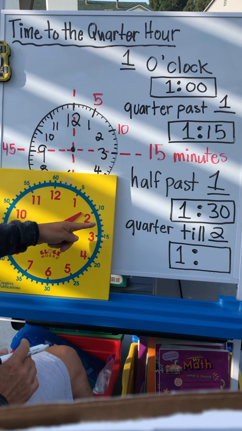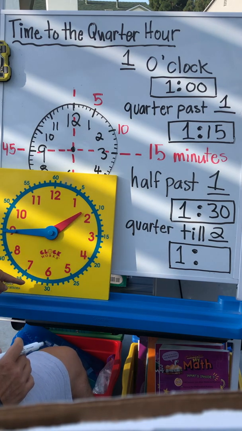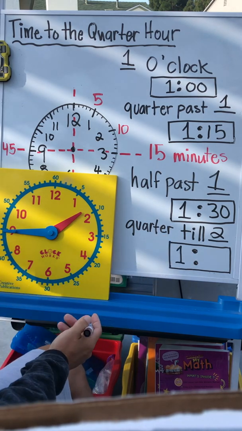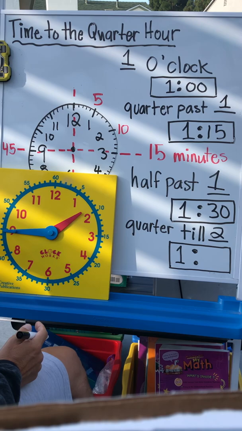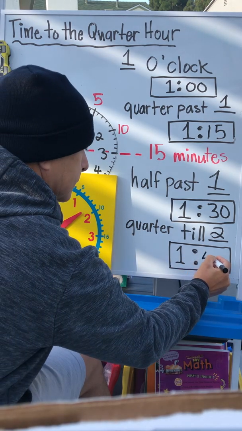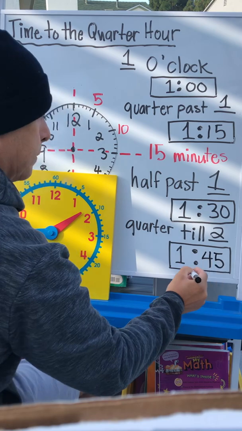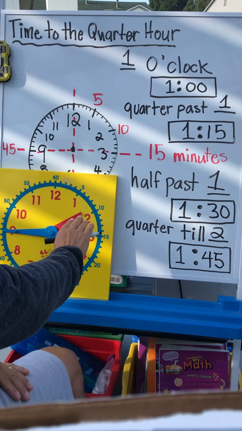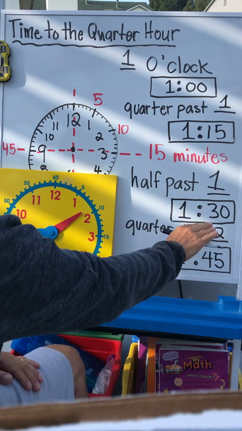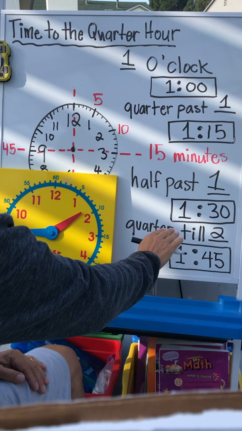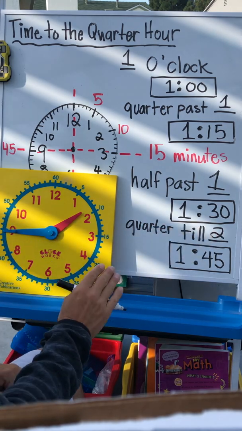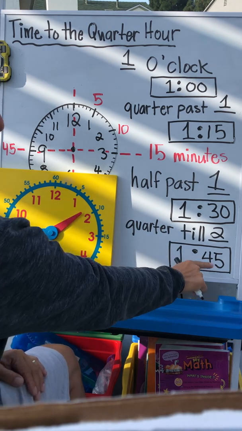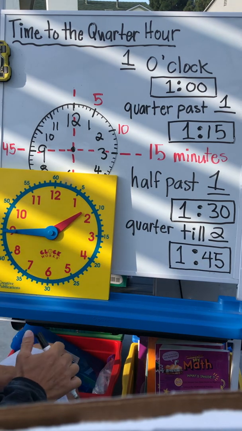We've gone 15, 30, and it tells us right here, 45. So that's what we write in the minutes. It is 1:45. Okay. So when we say this time, we can say, oh, it is a quarter till 2. You can even say a quarter until 2 o'clock. But when we write it, it's 1:45. So that's how we tell time to the quarter hour.